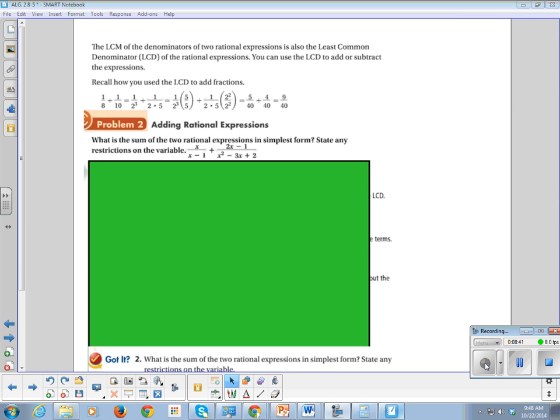Alright, so the least common multiple of the denominators of 2 rational expressions is also the least common denominator of the rational expressions. You can use the LCD to add or subtract the expressions. Remember, when we're adding or subtracting fractions, you have to have the same denominator.